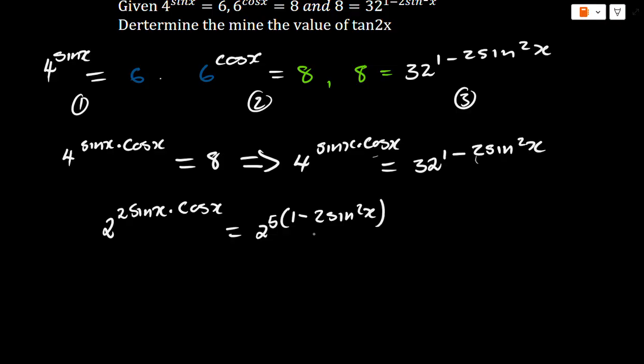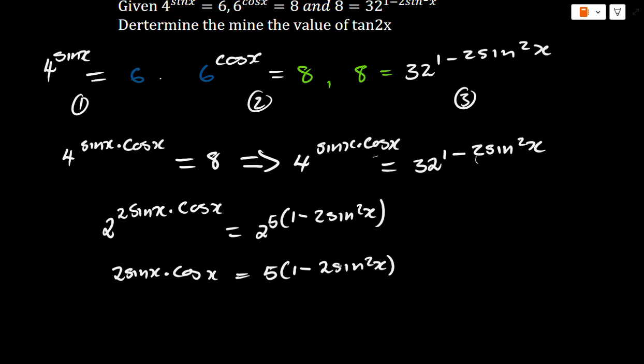Perfect. Now that we have this, we can drop the exponents. Yes, we can drop the exponents. Let go of the bases. When we drop the exponents, this is what we get. We get 2 sine x times cos x is equal to 5 times 1 minus 2 sine squared x.